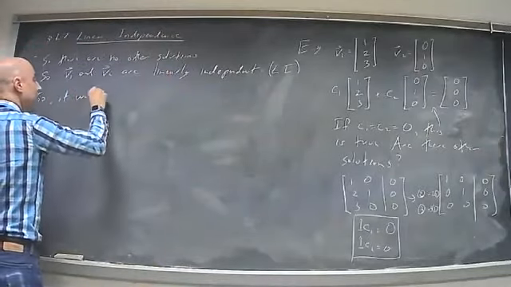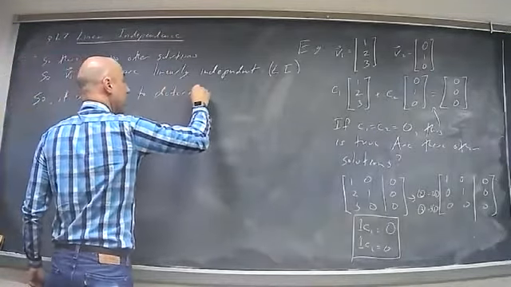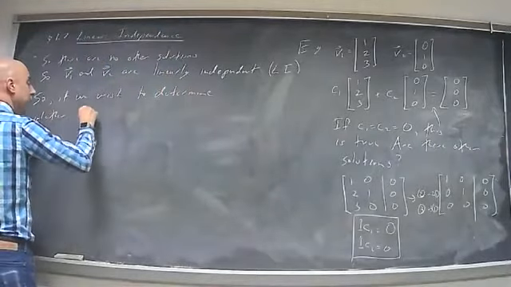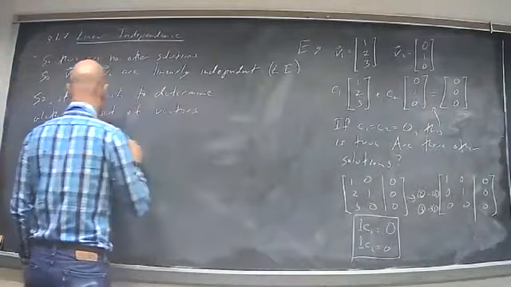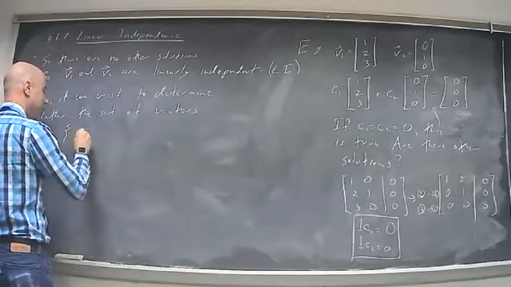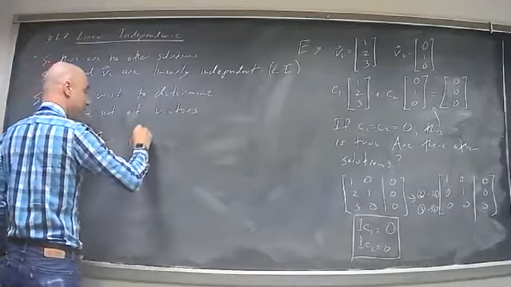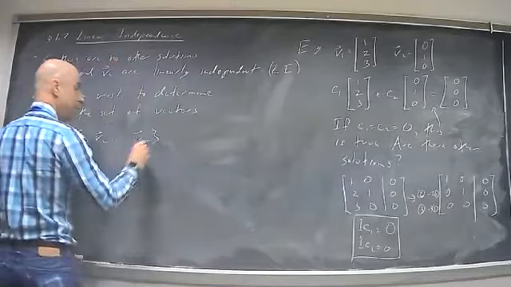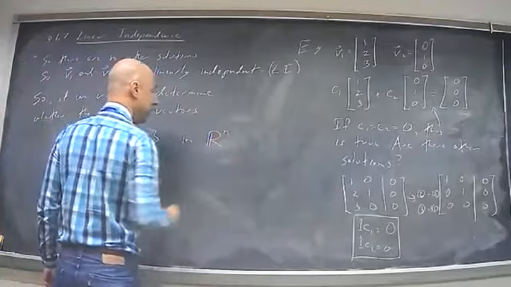What we wish to determine is whether the set of vectors, so in this case I just gave you 2, but let's say I give you more, v1, v2, all the way up to vp, and each of these vectors is in, let's say, Rn.